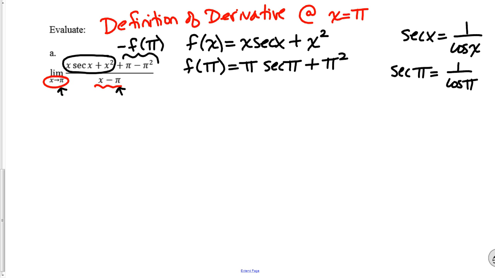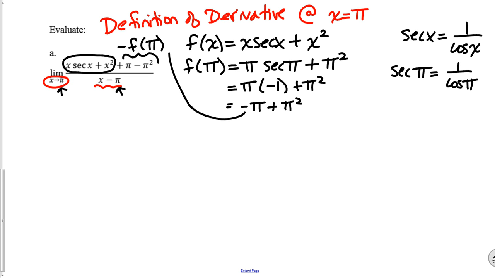Okay, so I have pi times -1 plus pi squared. So that gives me negative pi plus pi squared. So the question is, is this subtracting f of pi? If I were to subtract negative pi plus pi squared, I would get pi minus pi squared.